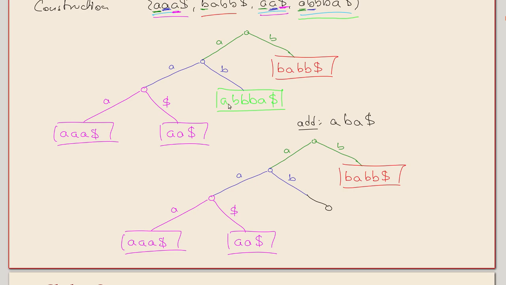So it's only the third letter that we now look at, which is A here and B here. And then again, we have two separate leaves left. This one goes here, and the other one goes over here.